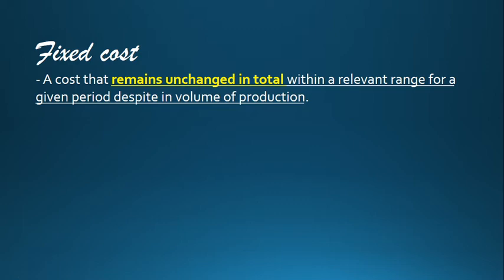Ang magandang example nito ay rent expense of a manufacturing firm. So kung halimbawa, ang rent expense nila monthly ay 10,000. So itong fixed cost na 10,000 in total amount ay fixed regardless of number of units na maiproproduce ni firm. To understand more the variable and fixed cost, let us see the following illustration.